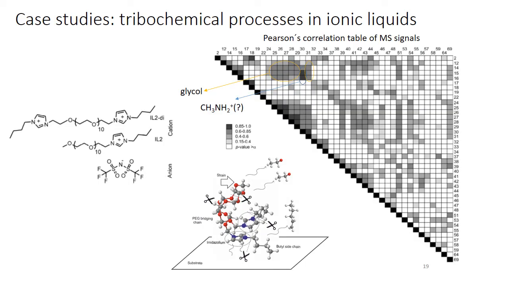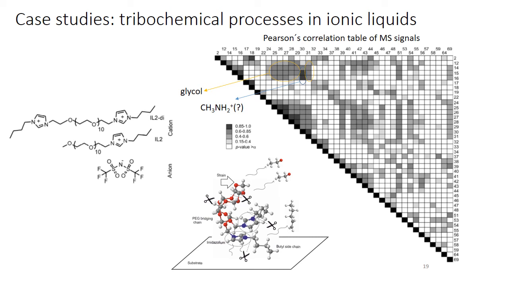In case of ionic liquid, the analysis of the mass spectrometric data is much more complex since we have many more components in the mass spectrum. So in this case we applied this Pearson correlation model, and we developed this table which shows the coefficient of correlation between different masses.